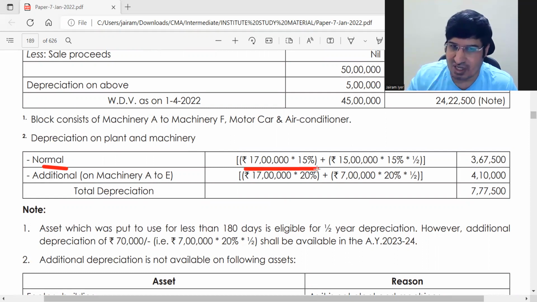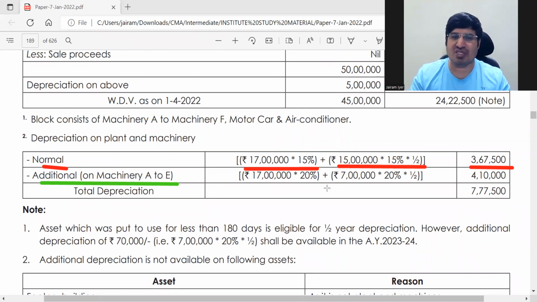Normal, that's what we saw. Then second block was 15 lakhs into 15% into half, right? Add the two, you will get this. Normal depreciation is over. Now additional depreciation, only machinery A to E, other three, for that you will not get, right? Additional depreciation rate is what? 20%. So this first 17 lakhs will directly get this also.